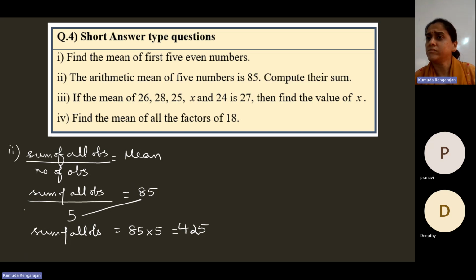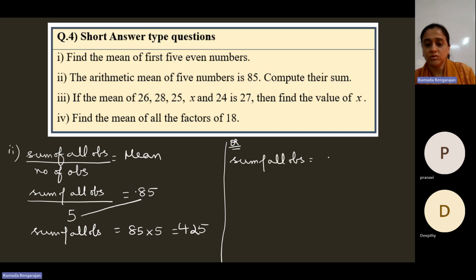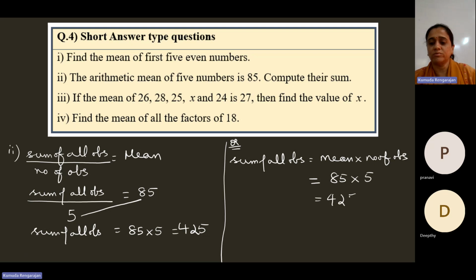You can remember it as a formula: sum of all observations is equal to mean into number of observations. What is the mean? 85. What's the number of observations? 5. So 425 is the sum of all observations.